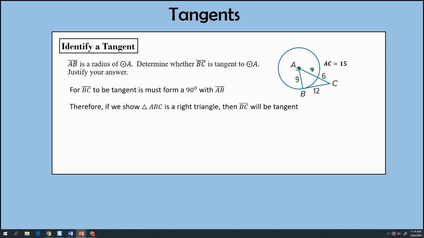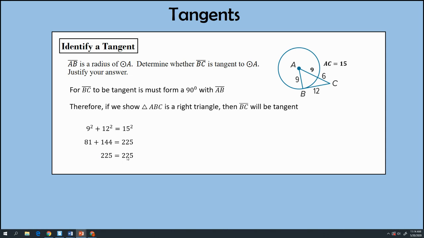If ABC is our right angle, then AC is our hypotenuse. So when we set up our Pythagorean theorem, it's going to be 9 squared plus 12 squared equals 15 squared. AB and BC are the legs, the sides of the triangle that make the right angle, and AC is the hypotenuse. So the question is, is this true? 81 plus 144 equals 225. If you square each of those numbers, 225 equals 225.